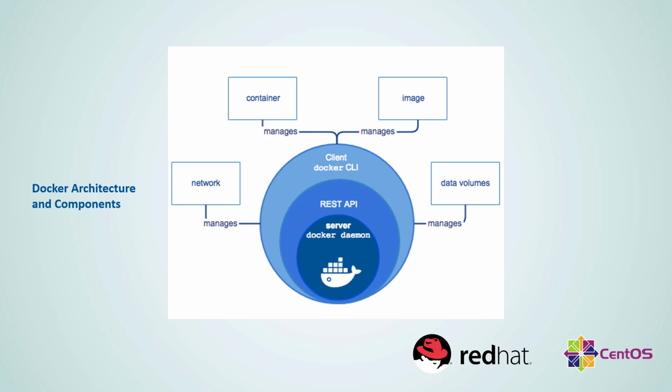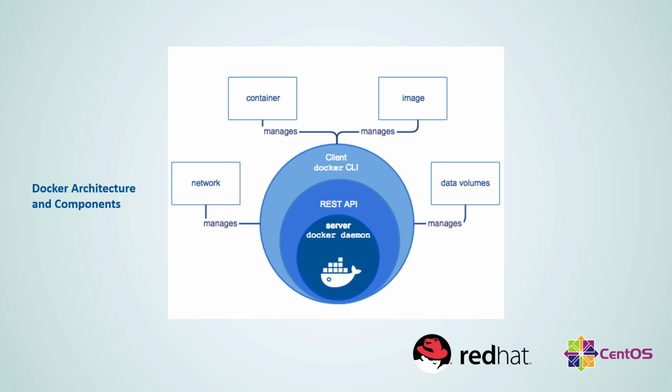Docker provides tooling and a platform to manage the life cycle of your containers. Develop your application and its supporting components using containers. The container becomes the unit for distributing and testing your applications.